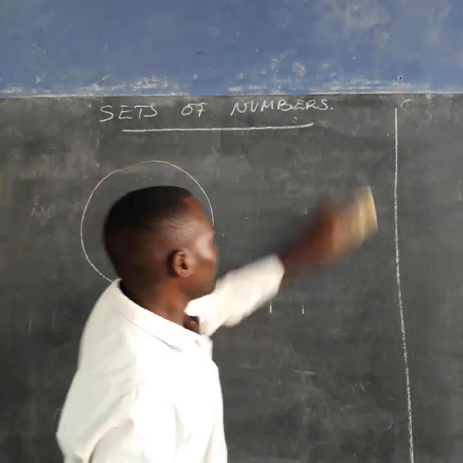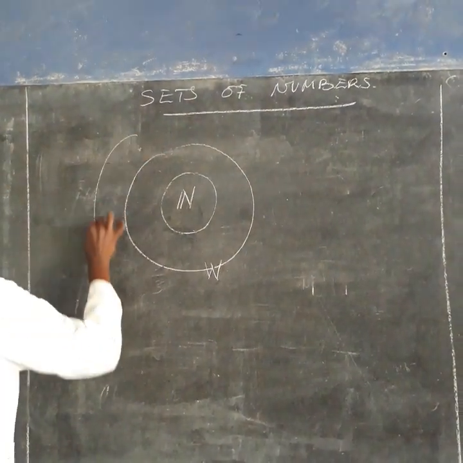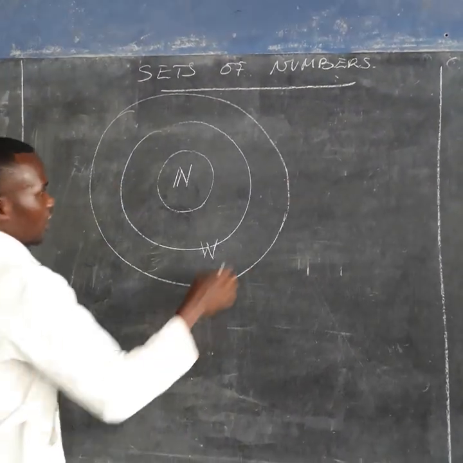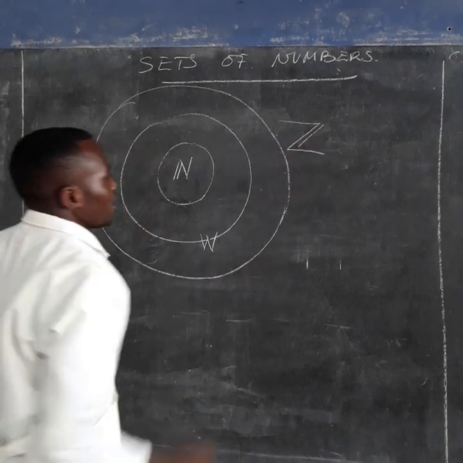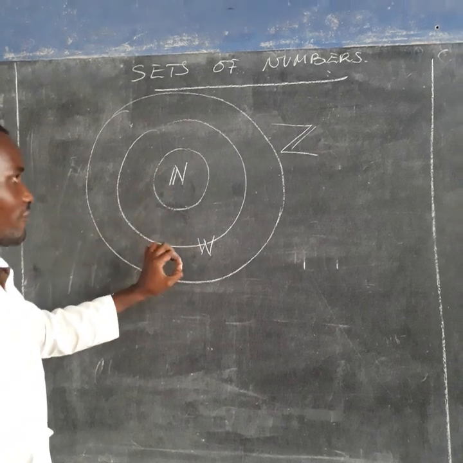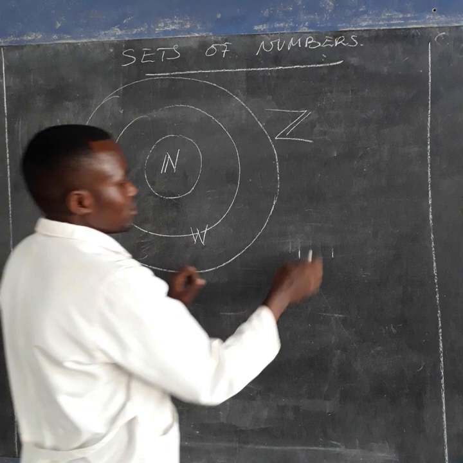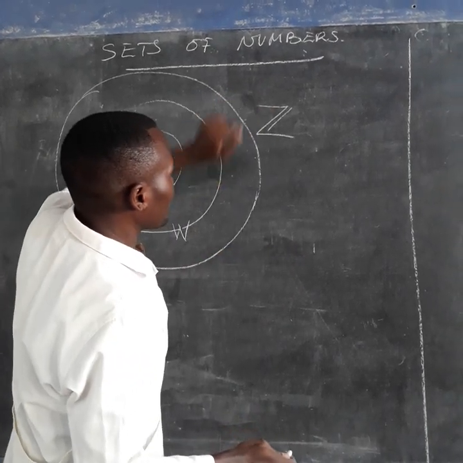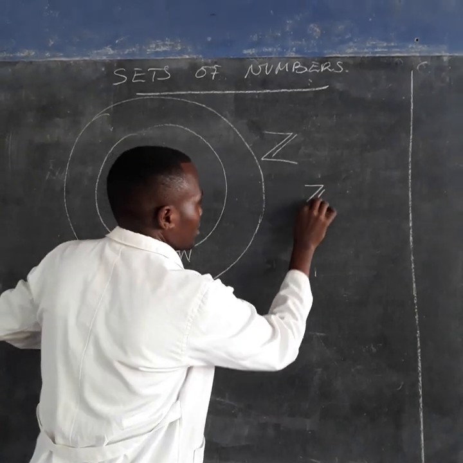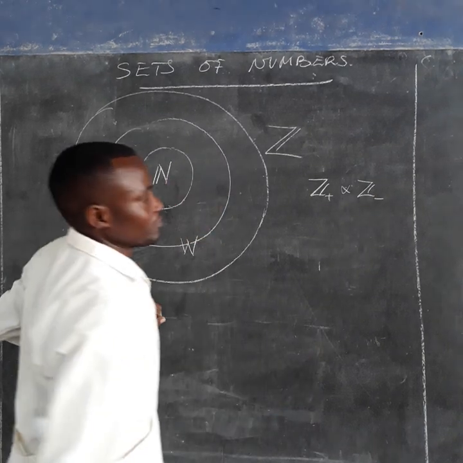Okay? Another set is the set of integers. Whenever we say integer, we understand whole numbers which are positive and negative. Some people take integers and split them into two parts: positive integers and negative integers.